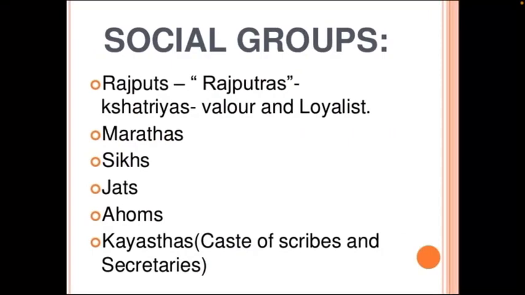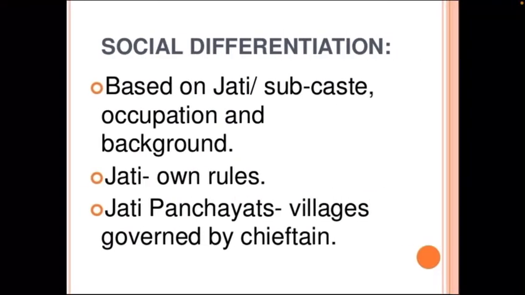During that period of 1,000 years, which we studied as the ancient history, there were different social groups which could be referred to as Rajputs, Kshatriyas, who had valor and were loyalists, the Marathas, Sikhs, Jats, Ahoms, etc. There was also social discrimination at that time, based on jati, that is subcaste, occupation, and background.